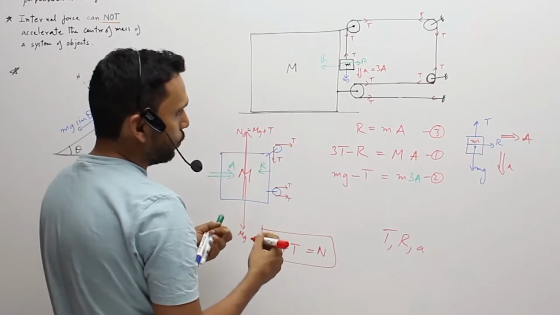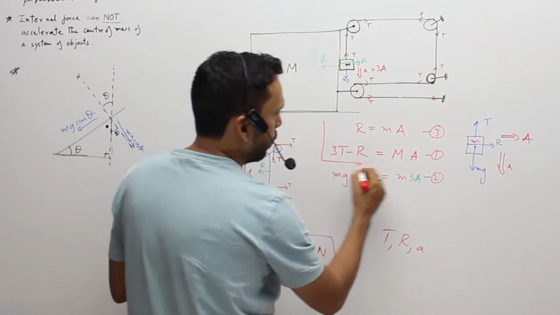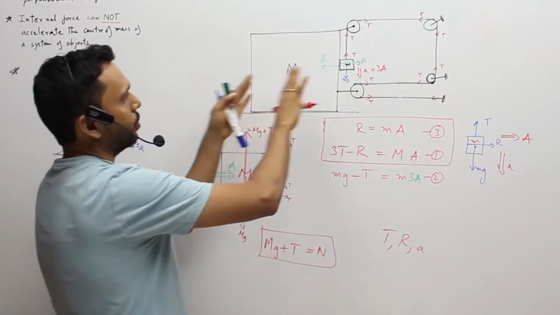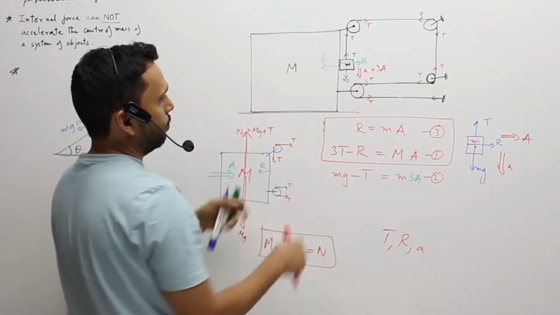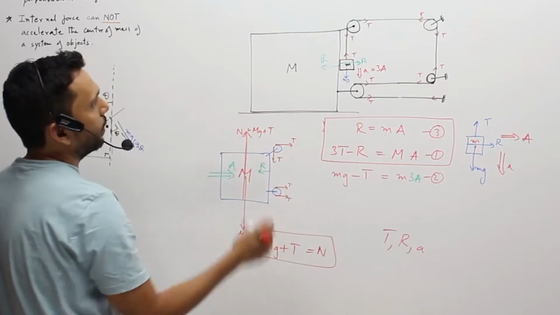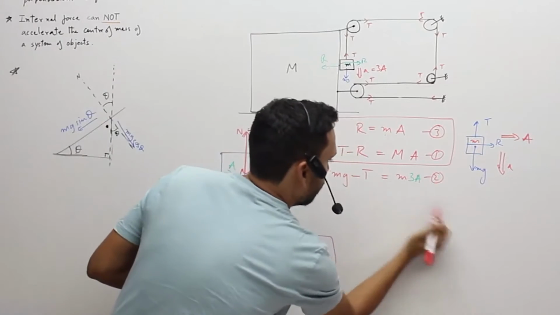R can be easily plugged into this, and see what equation is formed when you plug into that. We'll form an equation which can serve as a combined equation in the horizontal direction for M and m. So what is that?